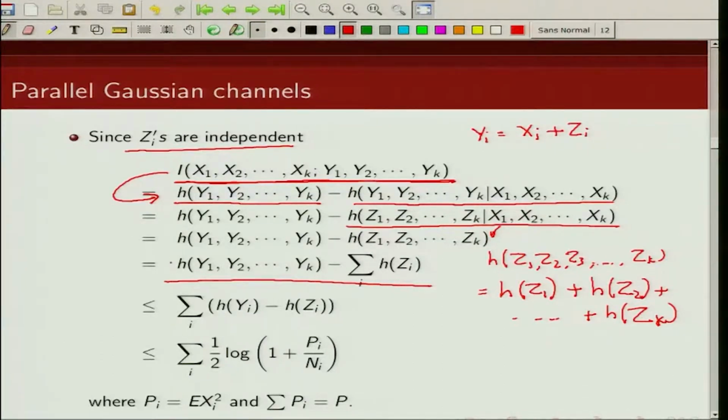Now we can upper bound this joint differential entropy of y1, y2, yk by applying the chain rule and using the fact that conditioning cannot increase entropy. Using these two facts, we can upper bound this by this.